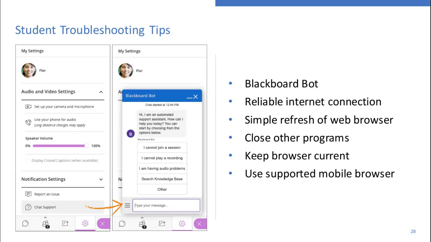I'll touch on that in just a little bit, but remind students to leverage a reliable internet connection whenever possible. If they're having audio issues or moving from a Wi-Fi connection to a cellular data connection, just refreshing and accessing the session again, closing any programs or other tabs that may be taking away from the bandwidth, like any YouTube tabs, or even just turning off the Wi-Fi on a cellular phone may increase the bandwidth for their laptop.